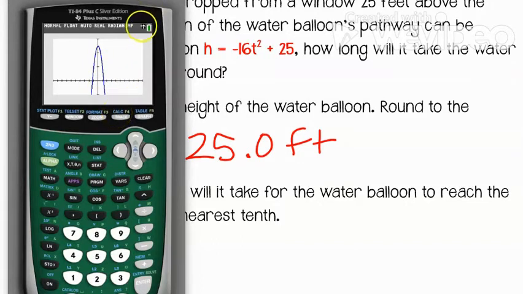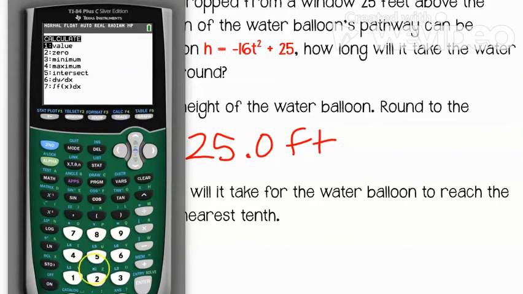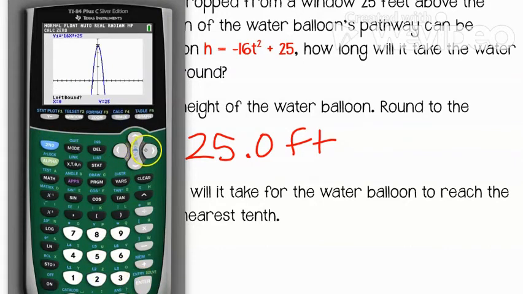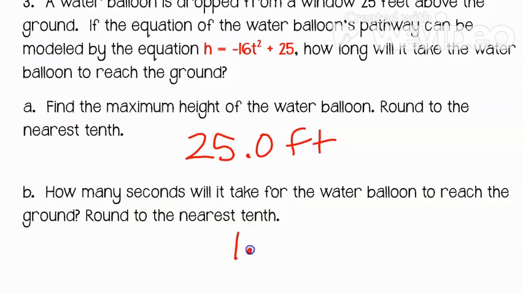You see that right there? It's still working. Oh, there we go. Second, trace, number 2. All right, left bound is above, right bound is below. Press enter again, and it looks like 1.25 seconds. 1.3.